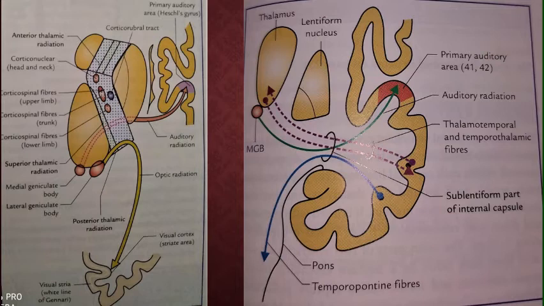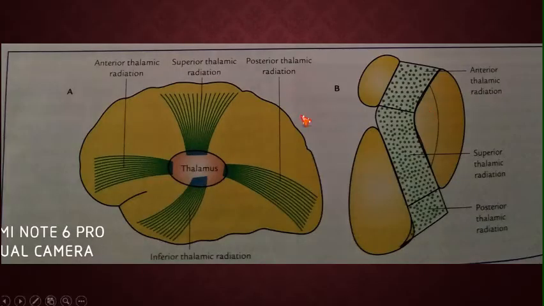According to the direction of these fibers, the thalamic radiation is divided into different groups: anterior thalamic radiation, present anterior to the thalamus; superior thalamic radiation, present superior to the thalamus; inferior thalamic radiation, present below the thalamus; and posterior thalamic radiation, present posterior to the thalamus.